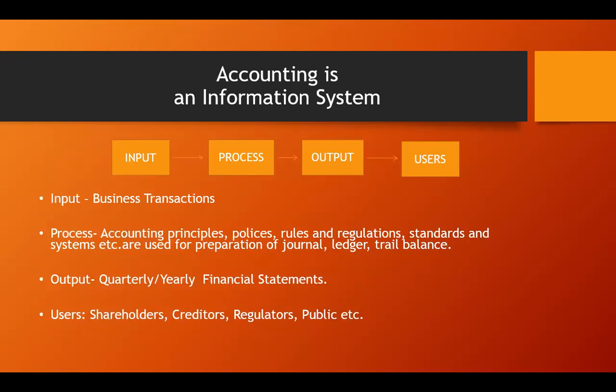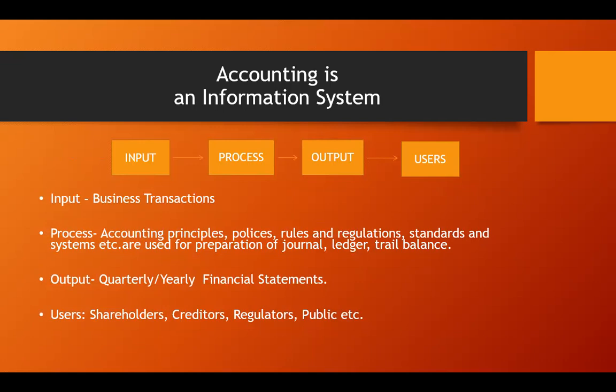We begin with what is accounting. Accounting is defined in different ways. One definition of accounting is an information system wherein we have four items. One is input: business transactions are the input for accounting. Process: we have accounting principles, policies, rules, regulations, standards, systems, etc. for preparation of journal, ledger, trial balance.